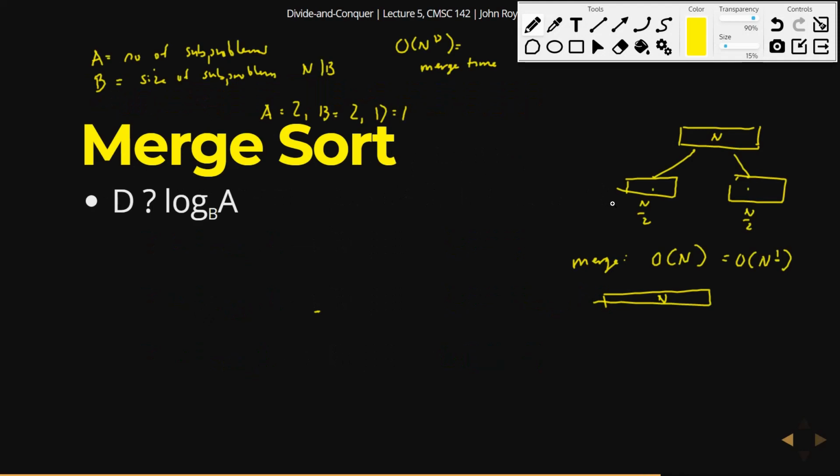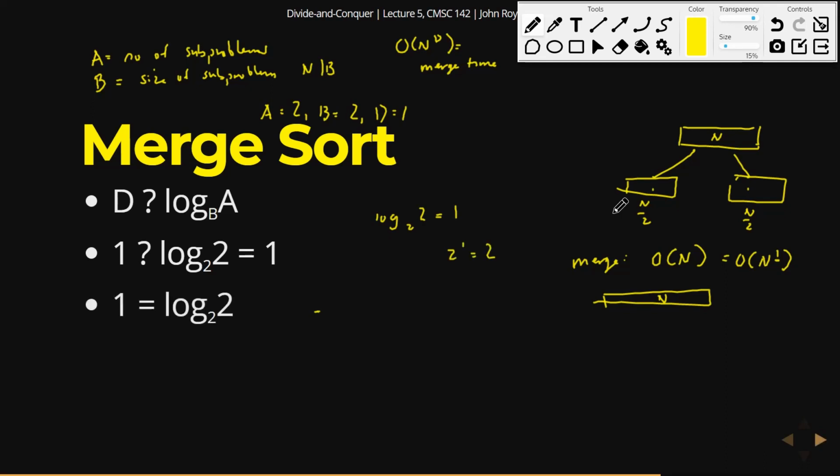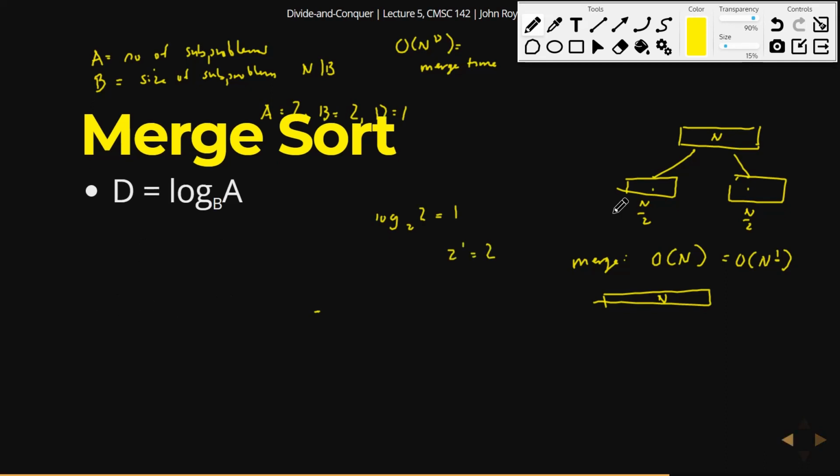So plug in the values. d is equal to 1, and log of 2 base 2 is equal to what? 1, right? Because 2 raised to 1 is equal to 2. So 1 is equal to log of 2 base 2. So d is equal to log of a base b.